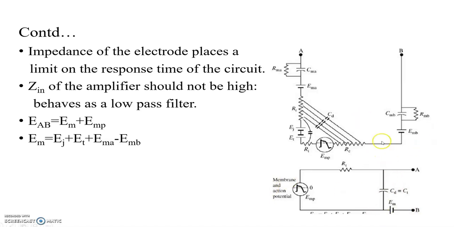The output across this point is equal to the sum of these two potentials, EM plus EMP, where EM is the sum of EJ plus ET plus EMA minus EMP. This is the approximate equivalent circuit.